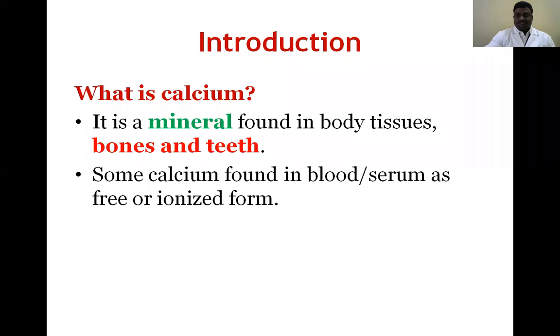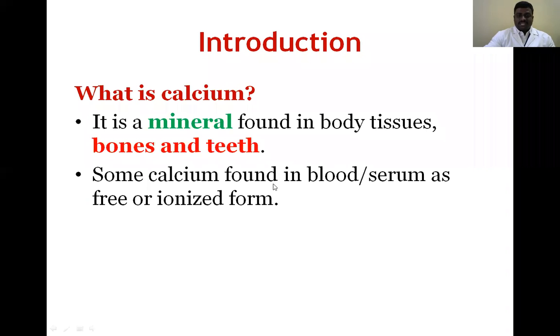So, introduction: what is calcium? It is a mineral found in the body tissues, bone and teeth. 90% of the total calcium is present in the bones and teeth, and the remaining 1% is present in the cells and extracellular spaces.